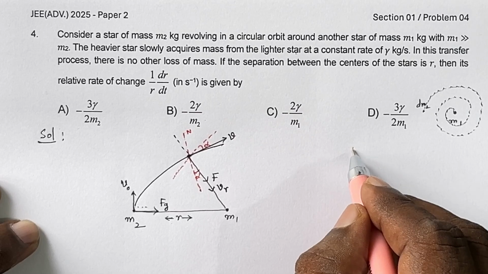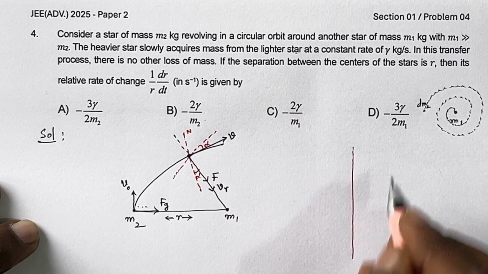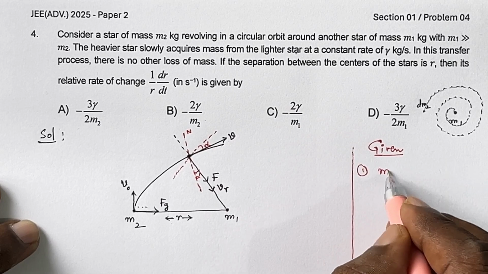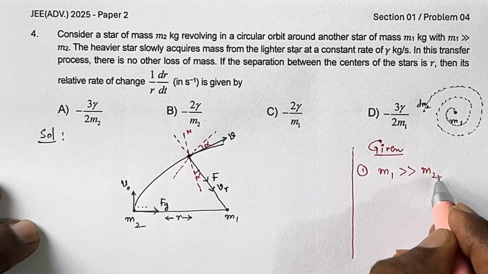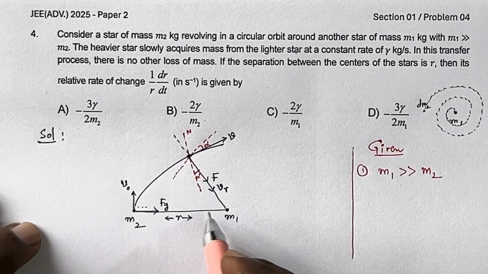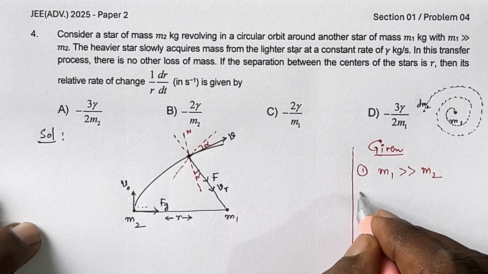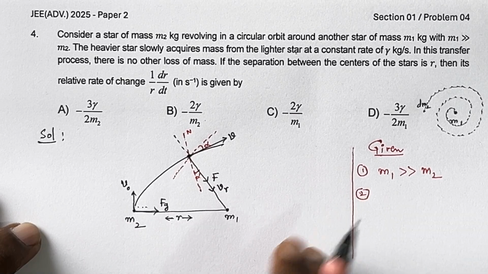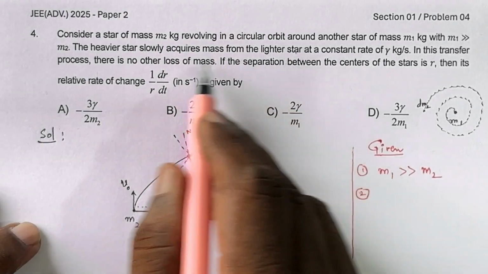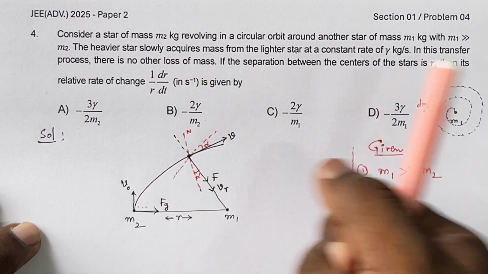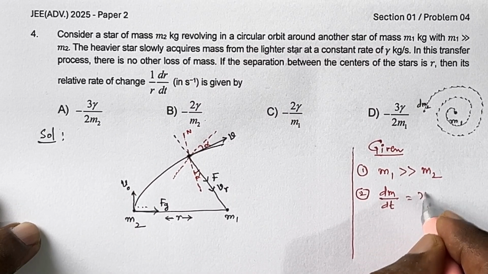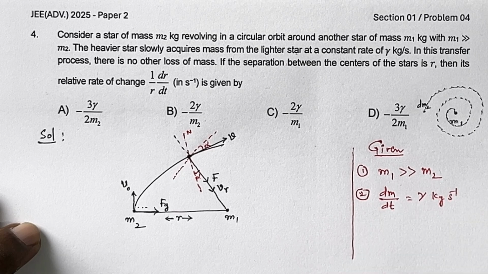So what are the things they have given? Number 1, m1 is very much greater than m2. So m1 is a very heavy star and it is dragging all the particles slowly towards it. Number 2, the rate of mass extracted towards m1, dm by dt, is given as gamma kg per second.